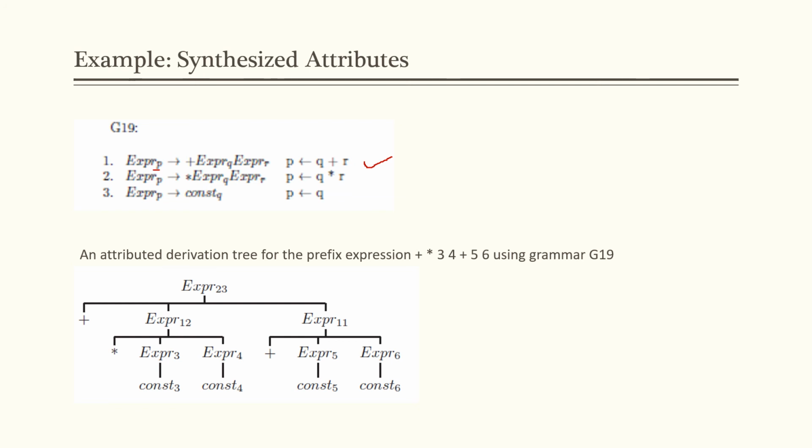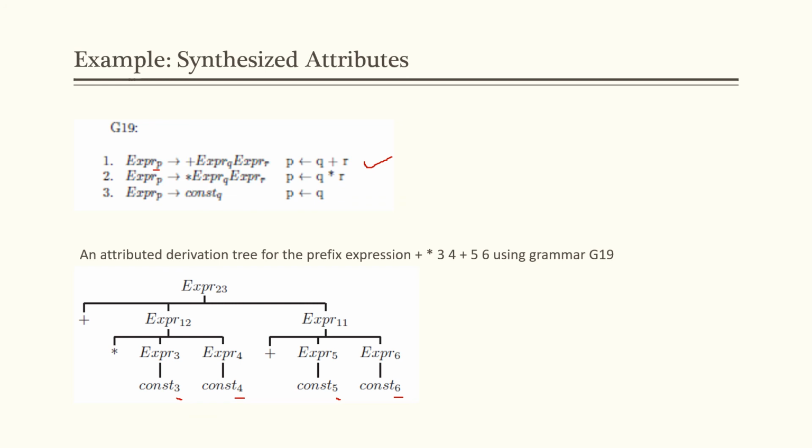For example, we have a plus, multiplication, constant. The first constant is 3, the second constant is 4, then plus, the next constant is 5, and the next constant is 6.